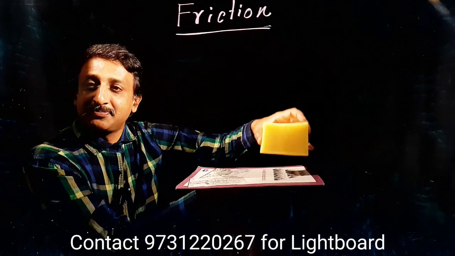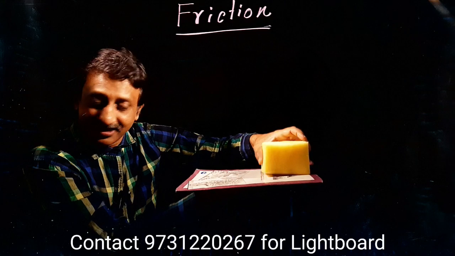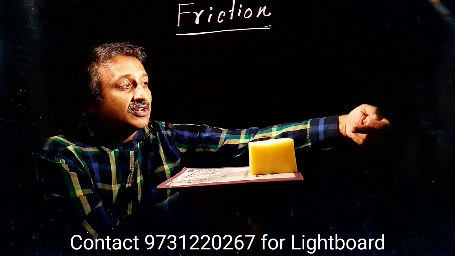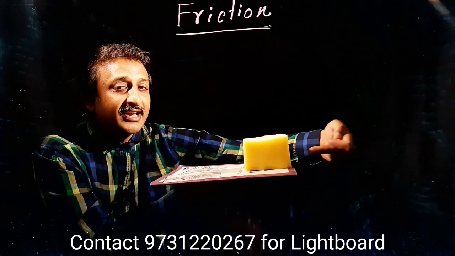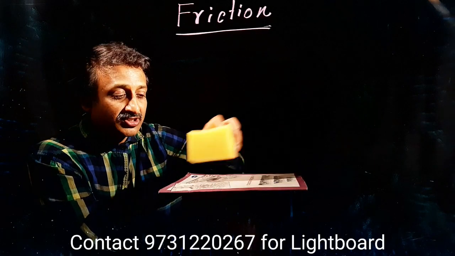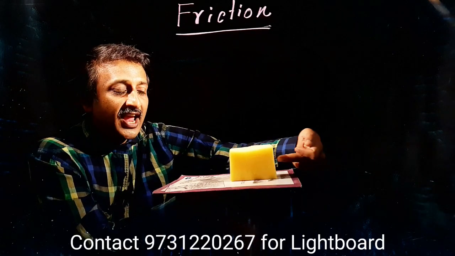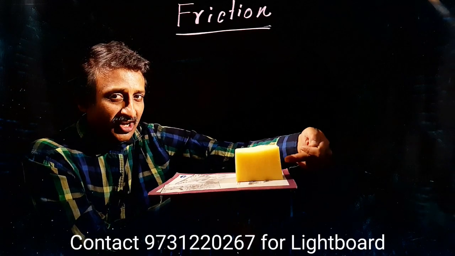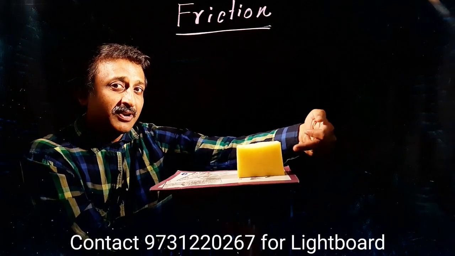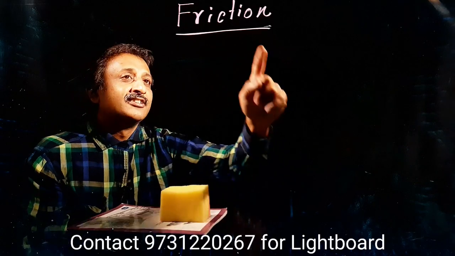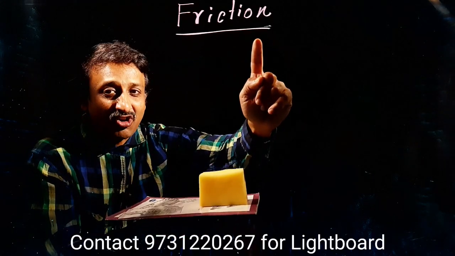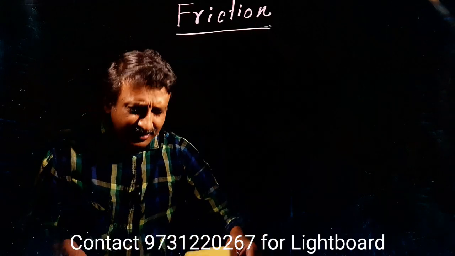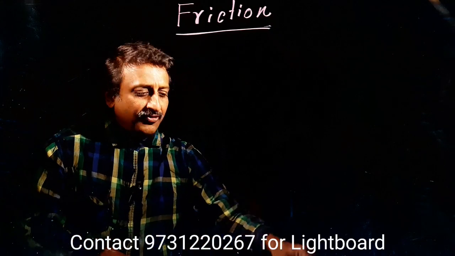It has stopped because the force is in this direction, because it was moving like this and the force acted upon it like this. So it stopped. This unknown, not visible force is called friction. We'll explore a little bit further.